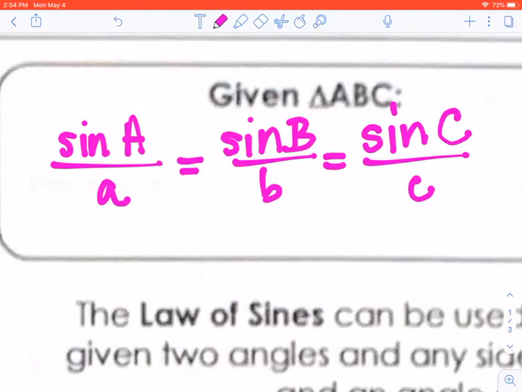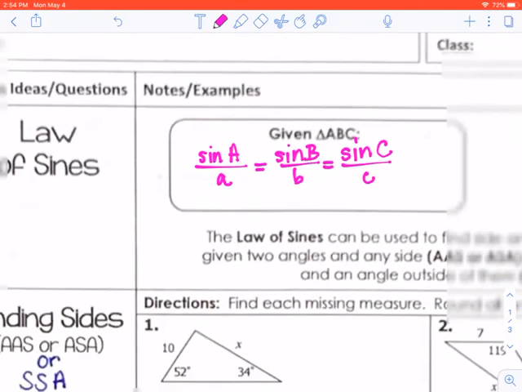You can see that in the formula, they only use the sine function. And when you create your equations, you're not going to be doing 3 fractions. You're only going to be doing sine A over a equals sine B over b, or sine A over a equals sine C over c. So you're just going to be setting up one equal sign with 2 fractions.